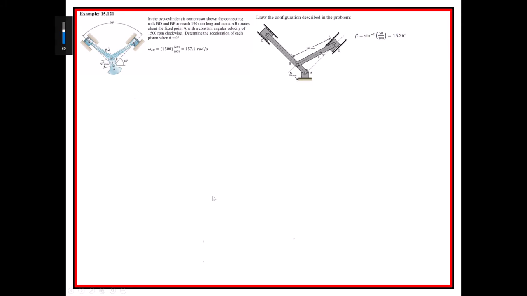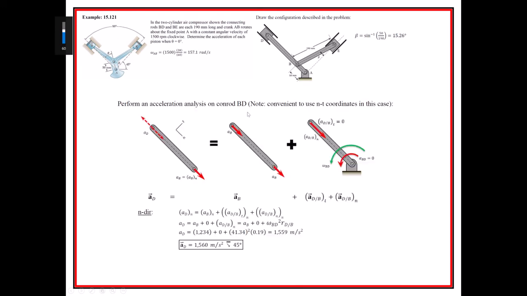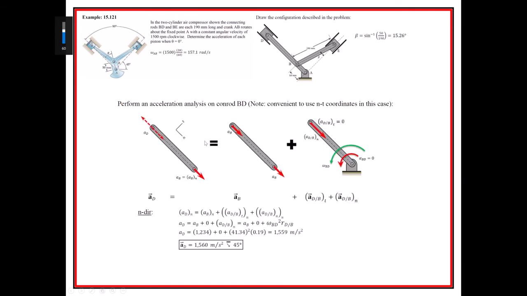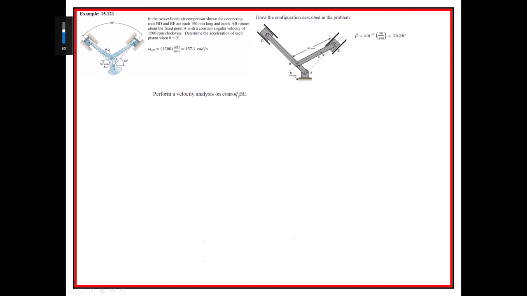Now we go for the other part of it, finding the acceleration of the piston E. We do perform a velocity analysis on the connecting rod. We already did a velocity analysis of the crankshaft right here, so we could do it for BE now. And you'll notice that these velocities are in line with each other.